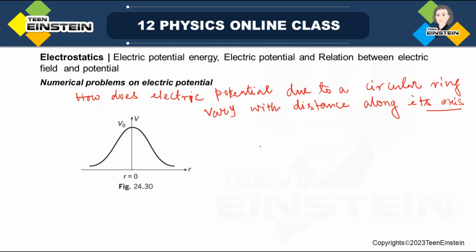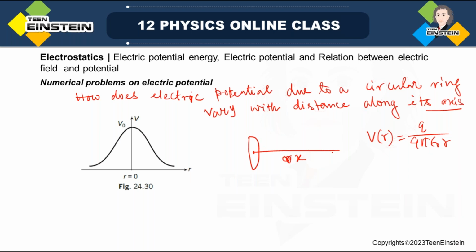When I have a ring, this is the axis of the ring, and suppose the distance from the center of the ring is x. I have to calculate the electric potential. We have already seen that it is q by 4 pi epsilon naught r.